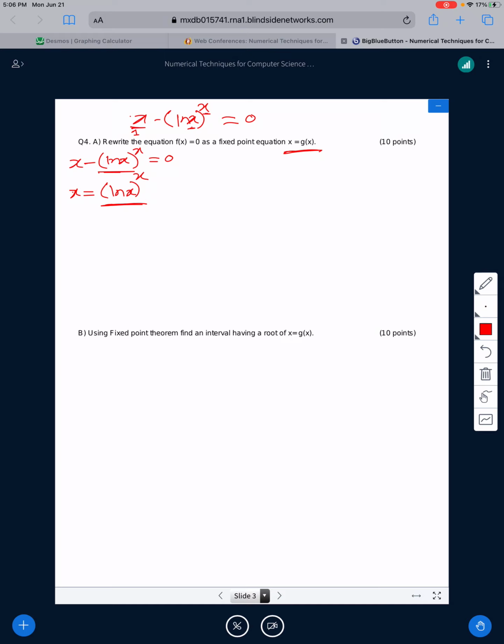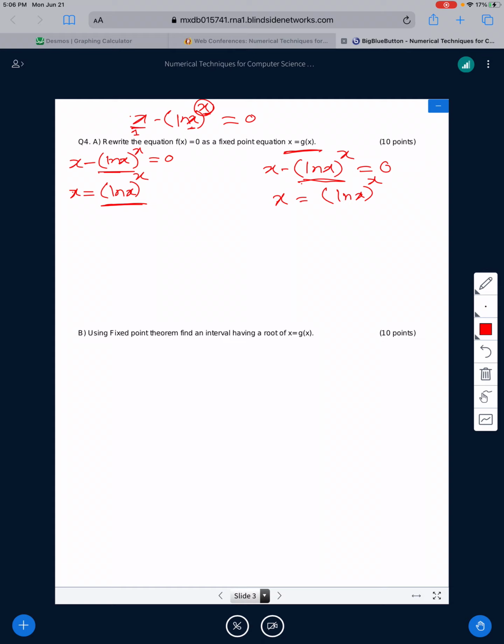Okay, now I want to solve for the second x. This one is my second x. I want to solve for this one. So I will start with x minus ln x to the power x, which is equal to 0. Then I will add the same term on both sides. So that will give me x is equal to ln x to the power x, right?